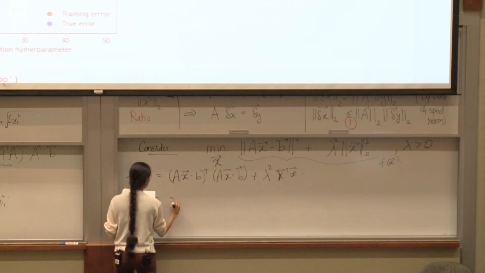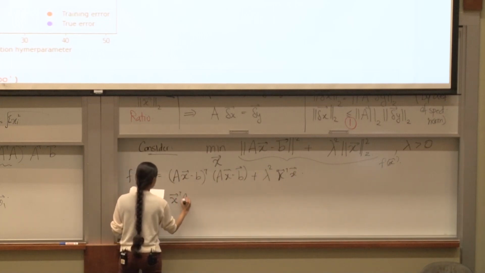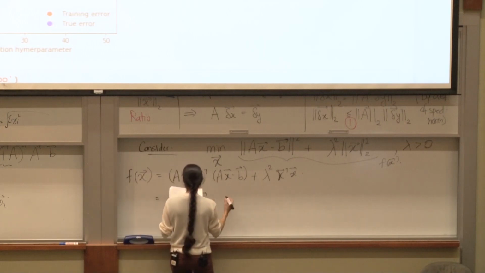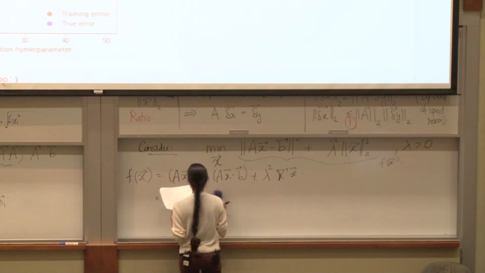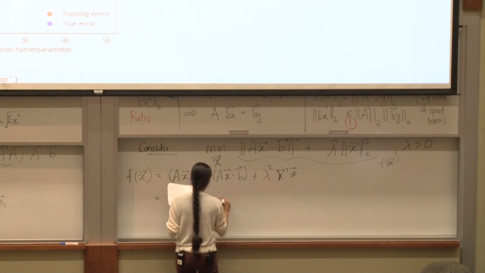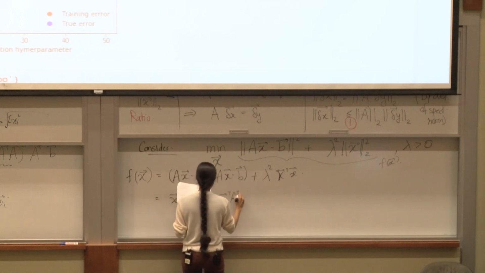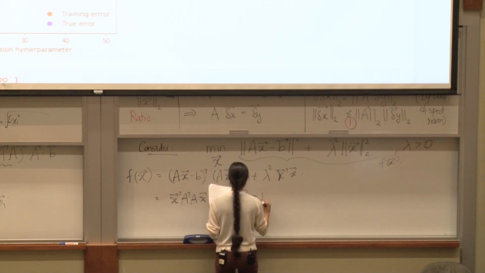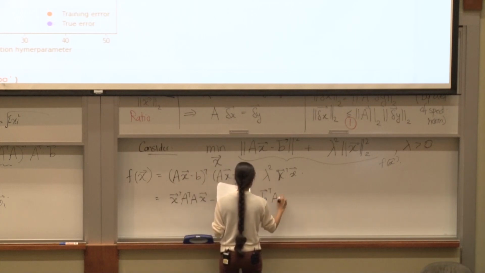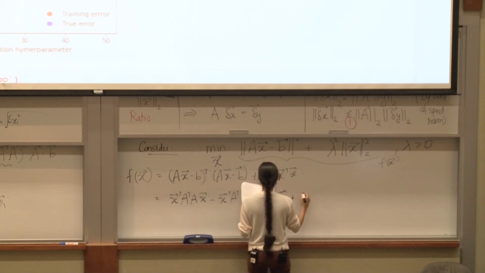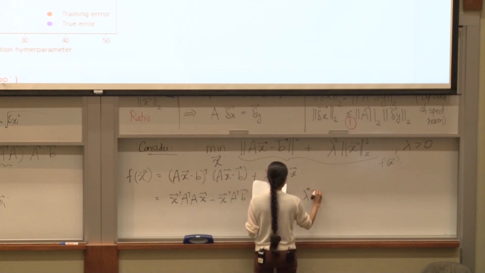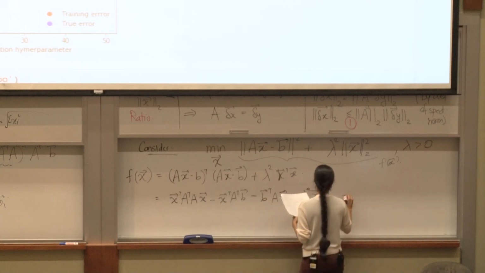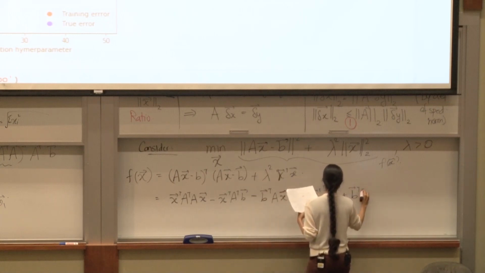Expanding terms, this is basically x transpose A transpose A x minus x transpose A transpose b minus b transpose A x plus lambda squared x transpose x plus b transpose b.